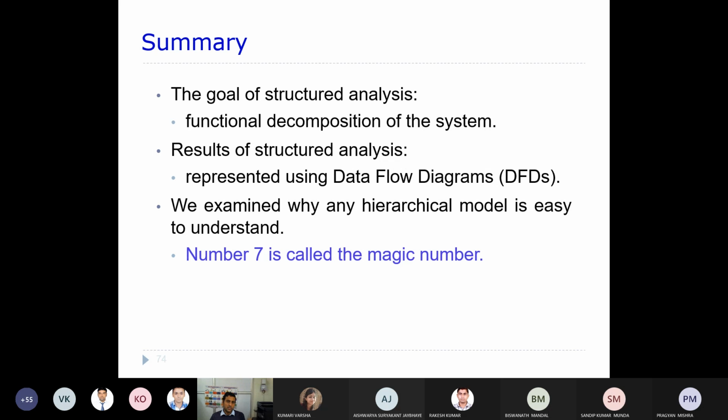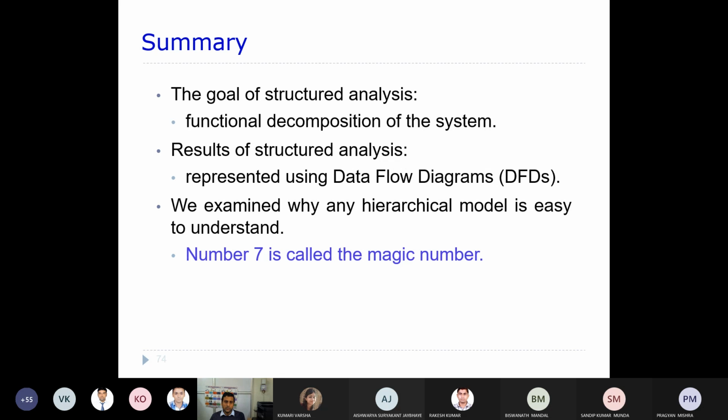We have seen that structured analysis is carried out to decompose the system into smaller functions, right? Whatever results you get from structured analysis will be represented using data flow diagrams.